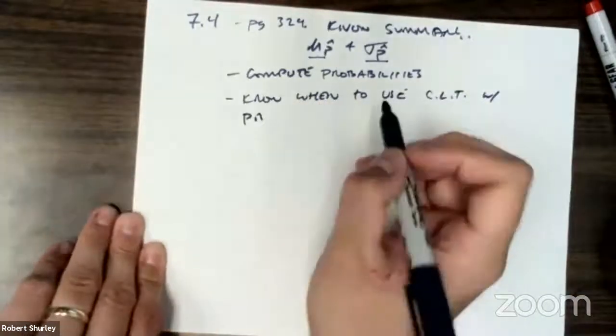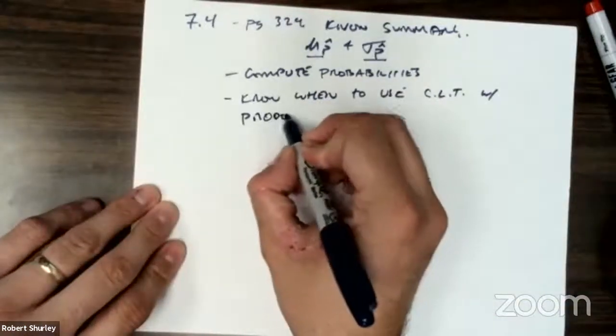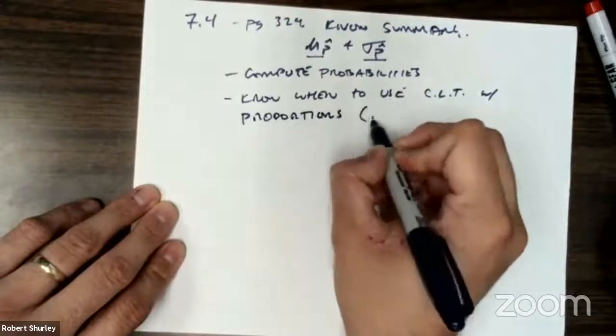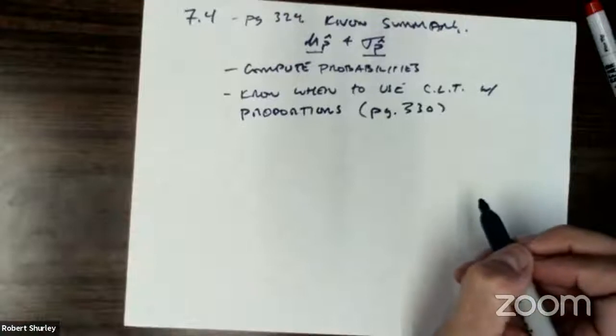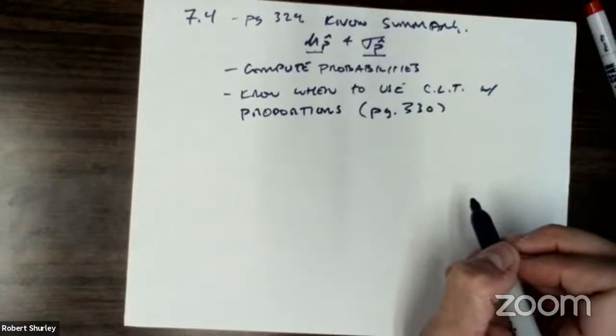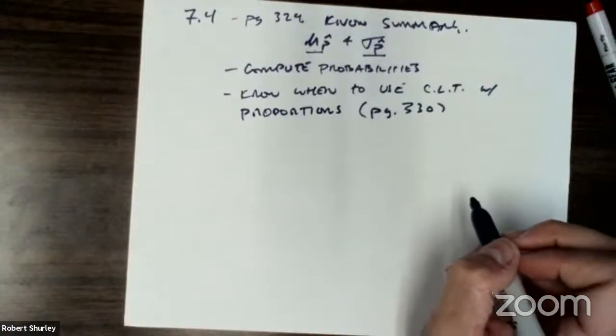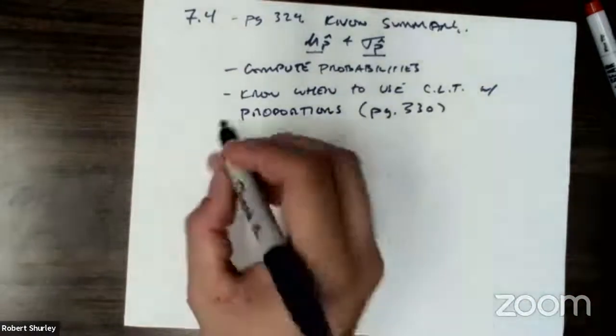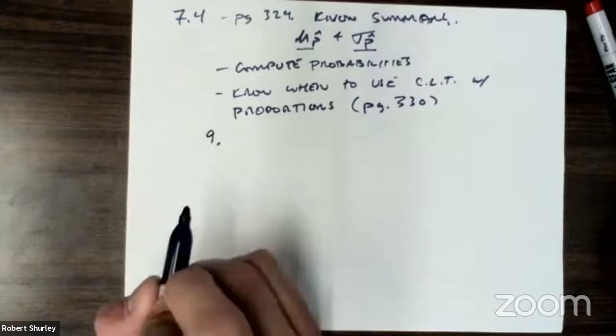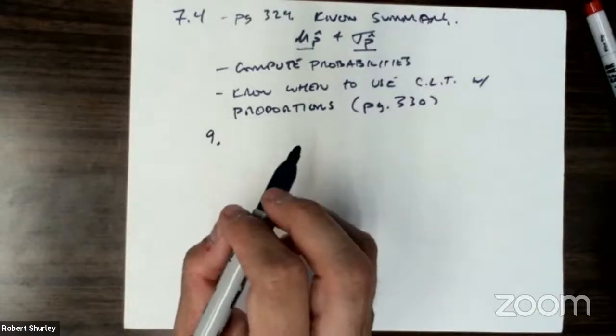And it's on the middle of page 330, where you've got to find like is n times p greater than or equal to 10 and is n times 1 minus p greater than or equal to 10. Then you can use it. And that's like the first part of the homework. So like number 9 is a good example.